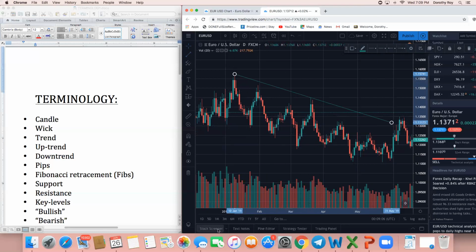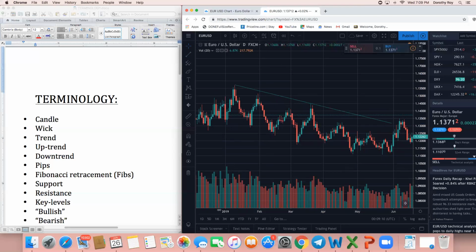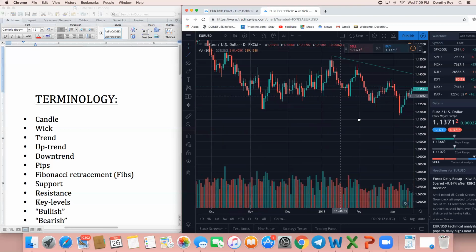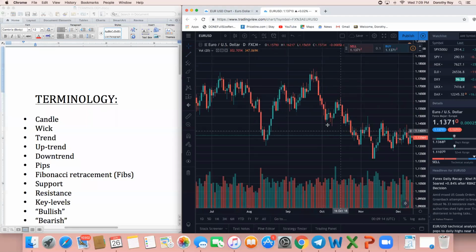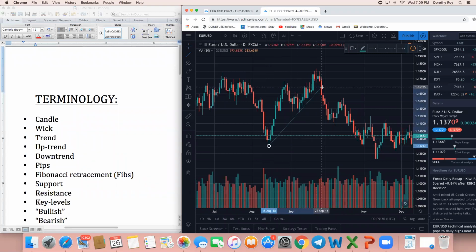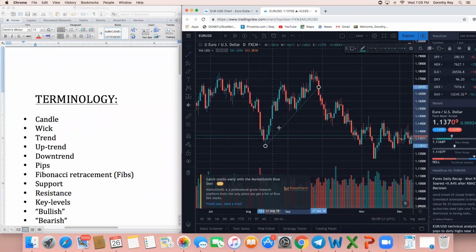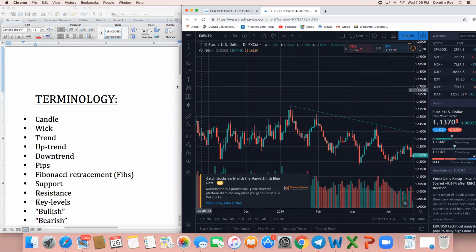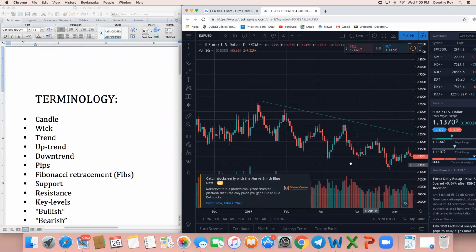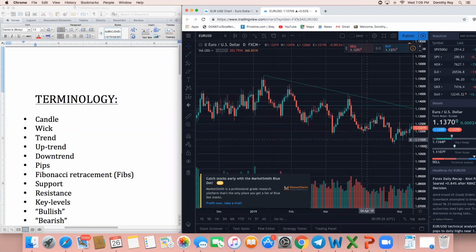When it goes down, we can have a downtrend, and then we can also have what's called an uptrend as well. This one right here looks like an uptrend. See? We're going up. It's very clear. We're going down and gradually going down, which is very clear.